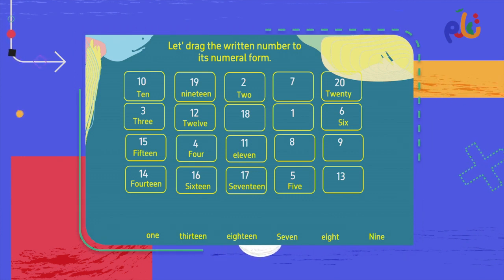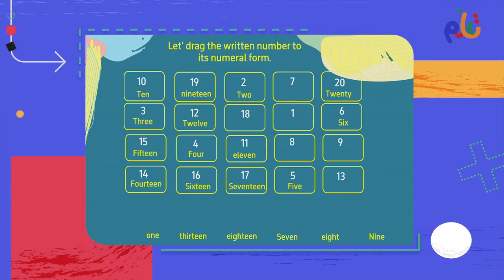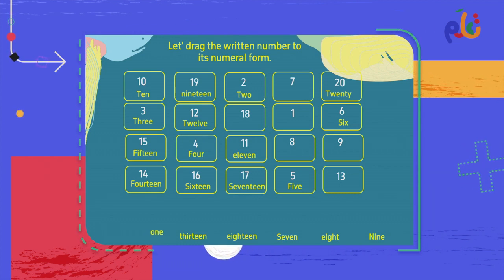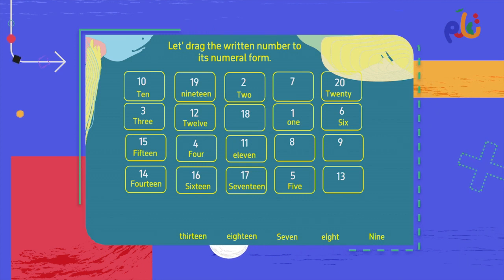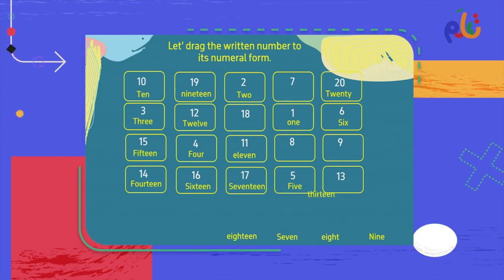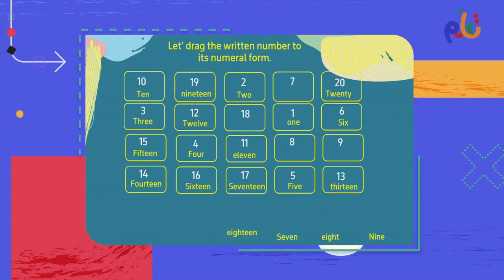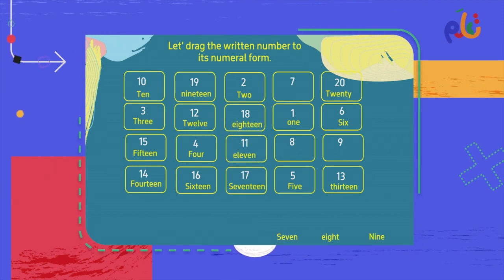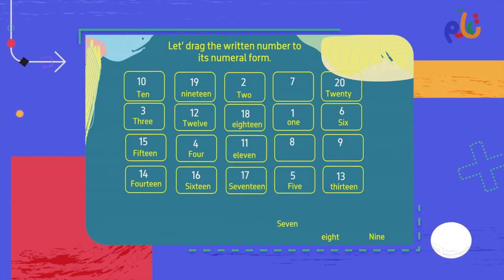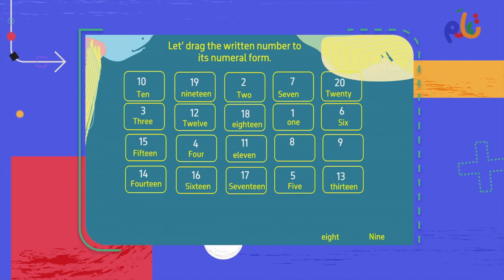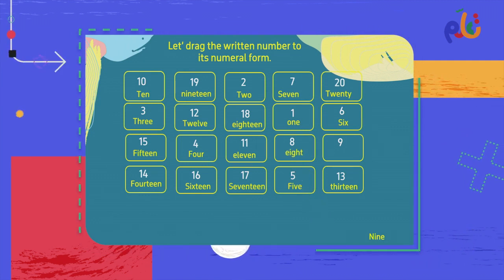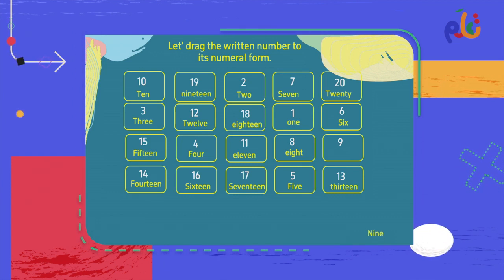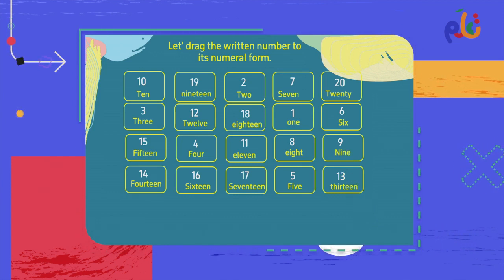Where is 1? Can anybody see where 1 is? Perfect. It's right there. And it will go straight to its box. هتروح على طول للبوكس بتاعتها. 13. 18. 18. 7, 8, and the last number it's 9.